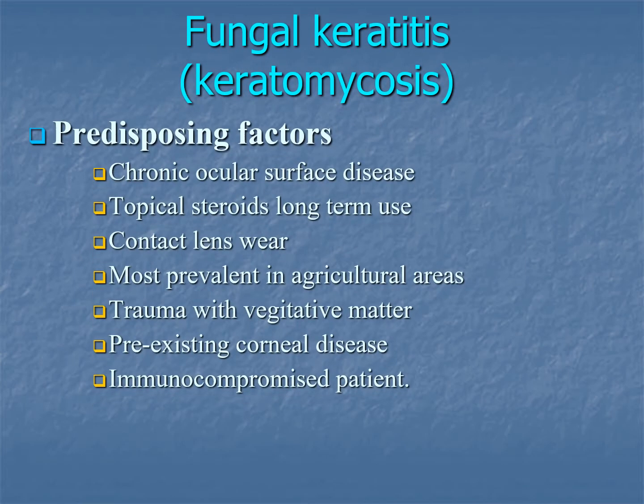And certain predisposing factors, as in the case of bacterial keratitis, in this case, are chronic ocular surface disease causing abnormality of the corneal epithelium, long-term use of steroids, similarly contact lens wearers, and individuals who are working in fields having a trivial trauma with vegetative injuries in the agricultural areas.